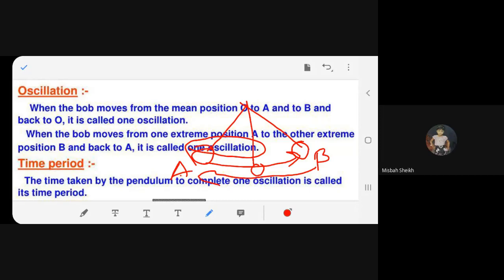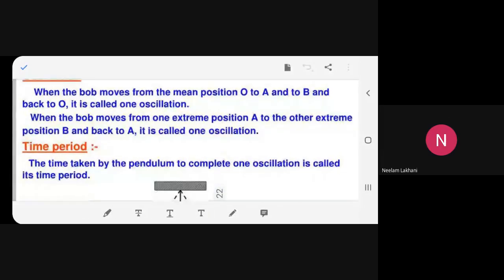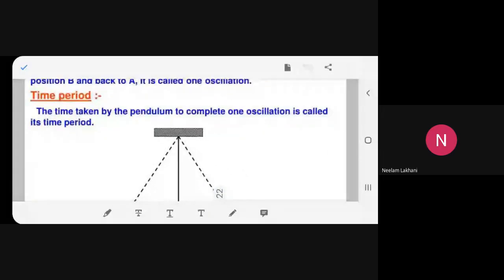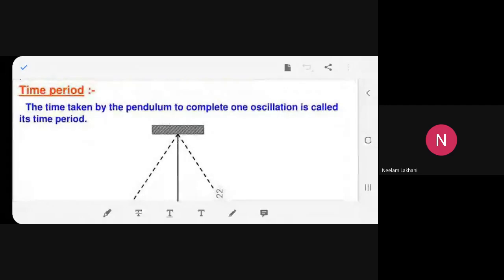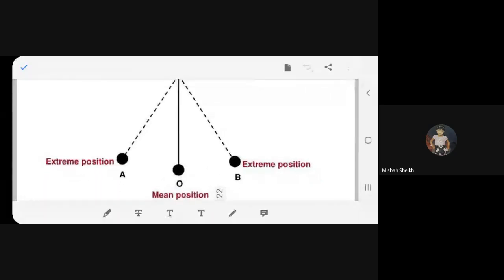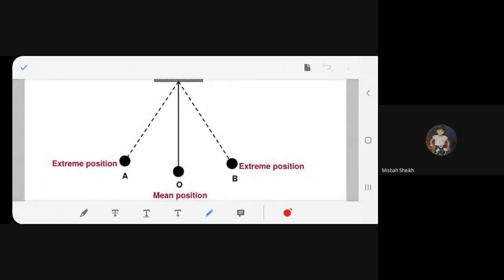Okay. Now we'll come to know what is time period. Read, beta. Time period. The time taken by the pendulum to complete one oscillation is called its time period. Okay. Now what is one oscillation, beta?